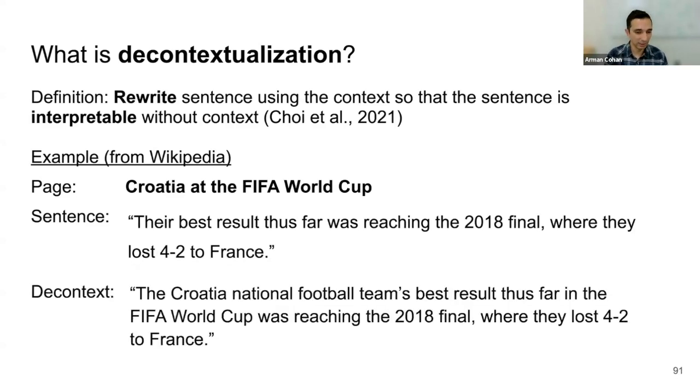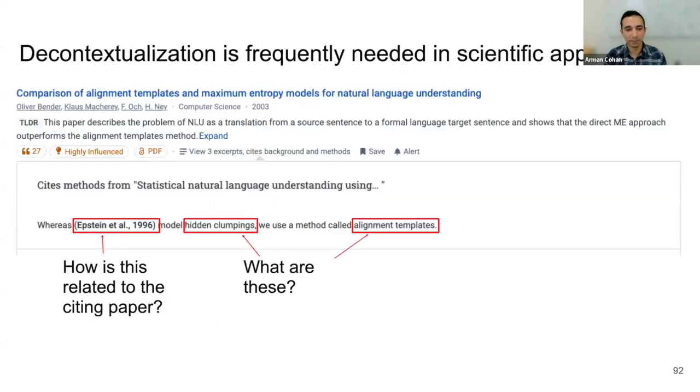If you decontextualize it, you replace there with Croatia. You use the words FIFA World Cup to make it clear that this was the FIFA World Cup competition. So now, if you check the decontextualized example, you can easily understand what's going on, whereas the above sentence was not very clear.